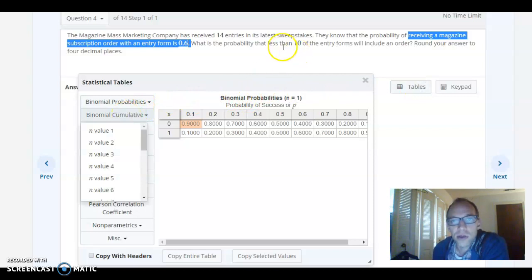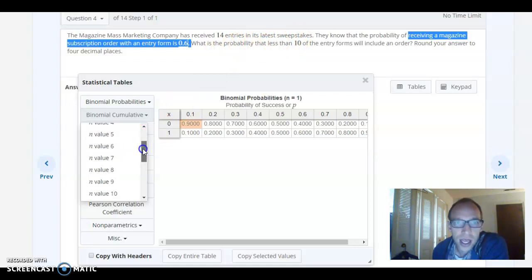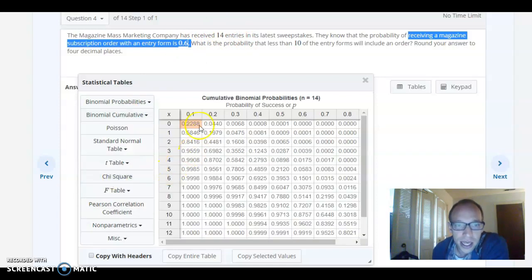Cumulative means we're going to take all the situations 0, 1, 2, 3, all the way up to 9. We want the probability less than 10. So anywhere between 0 and 9 is what we want. Our n value would be the total amount of trials. In this case, it's 14. And we want all the way between 0 and 9.